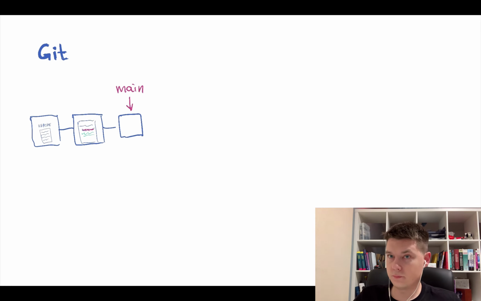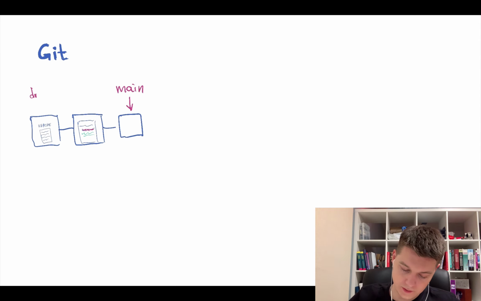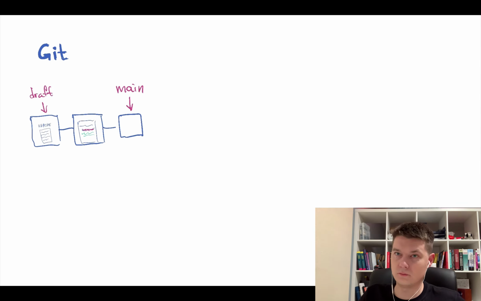We can point at some commits. Maybe we could create a draft branch and point to our first commit. It's just to make using this Git repository easier and more convenient for us.